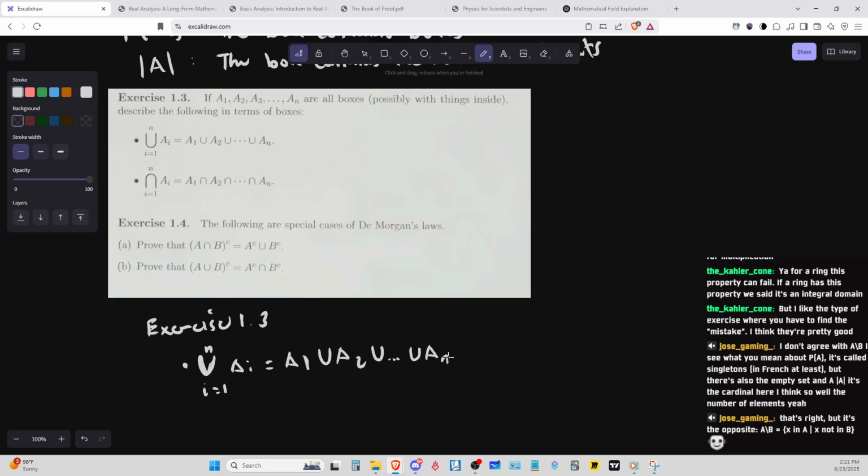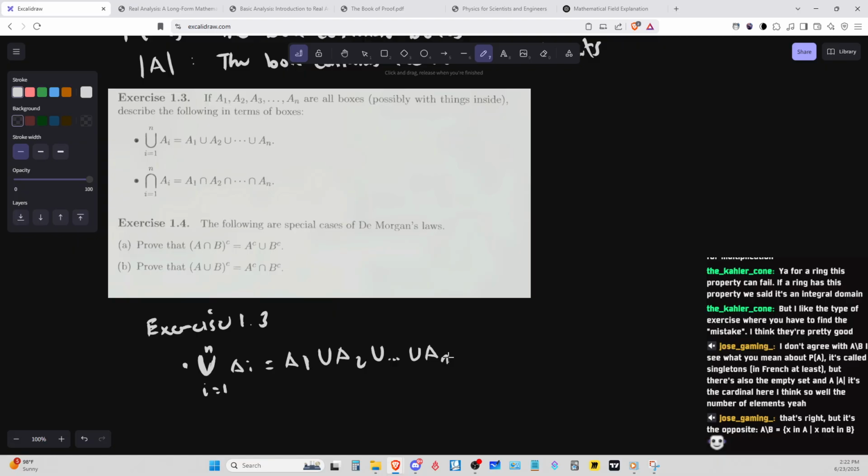Now, since this is a union, it's supposed to contain all the elements within every one of these. But that doesn't mean that the elements are included with them. Like, they're not sharing the same elements. So it's like everything in this thing.